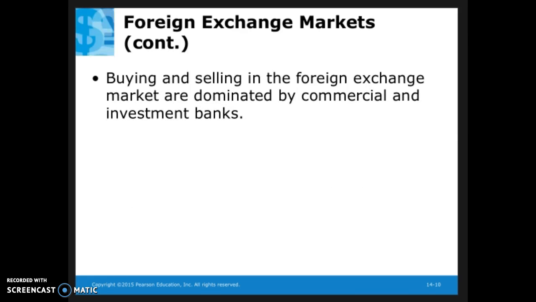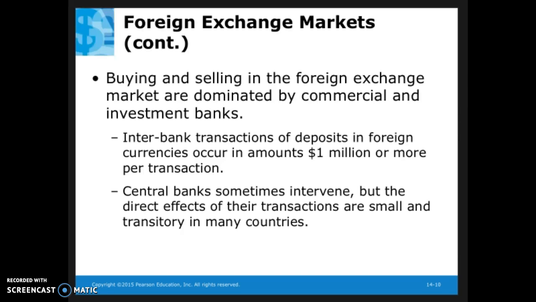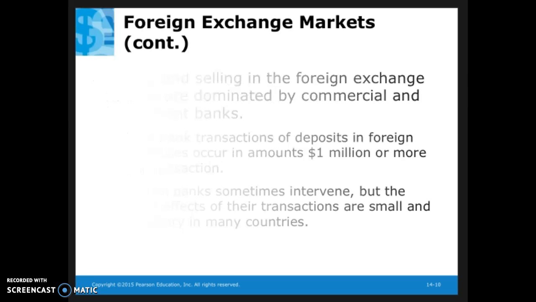Buying and selling are dominated by commercial and investment banks. Most of these interbank transactions are deposits that occur in amounts of 1 million or more per transaction. Sometimes the central bank will intervene, but the direct effects of these transactions are relatively small and transitory.